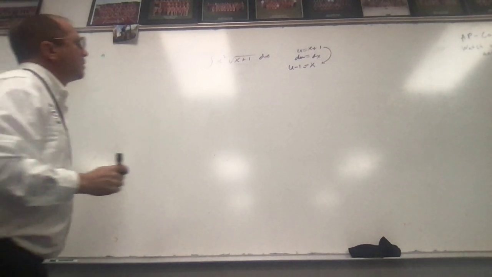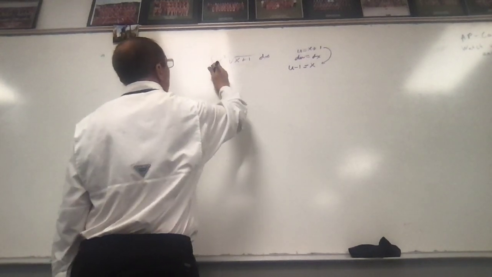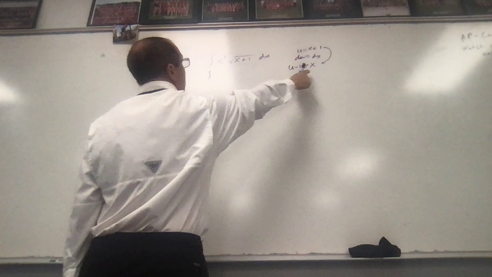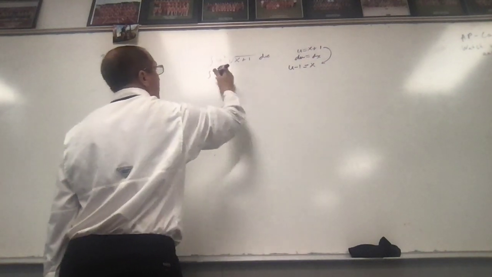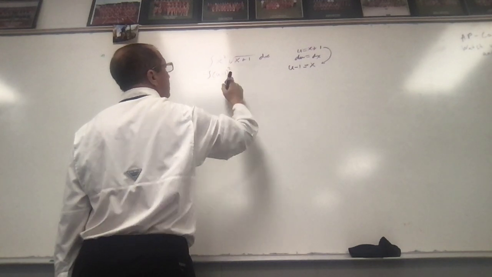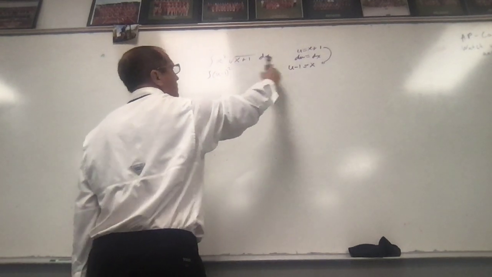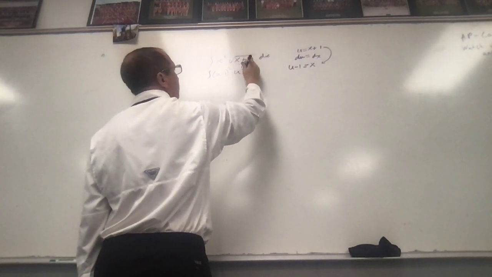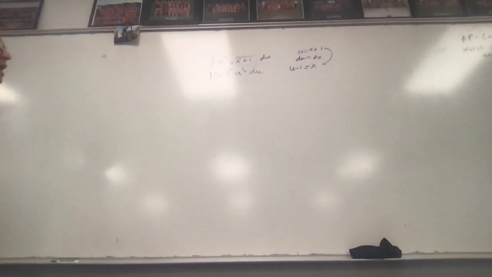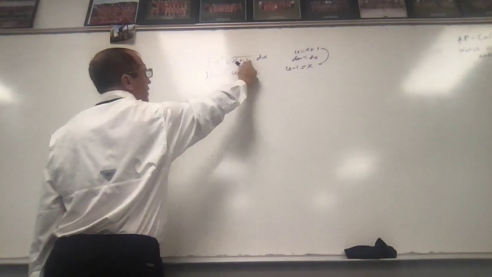So, this problem now becomes, instead of x being squared, I have u minus 1 being squared. And then it's times u to the 1/2 power. Now, here I'm not able to distribute into here.